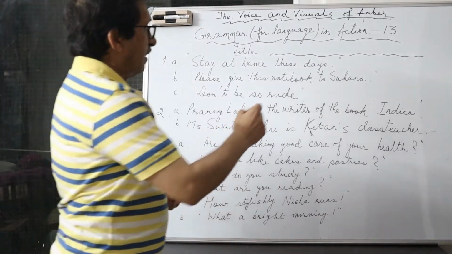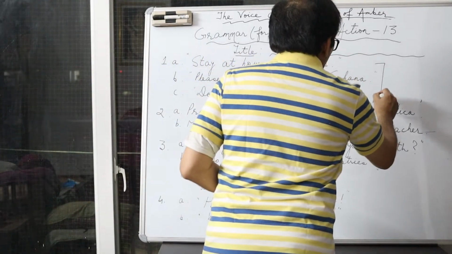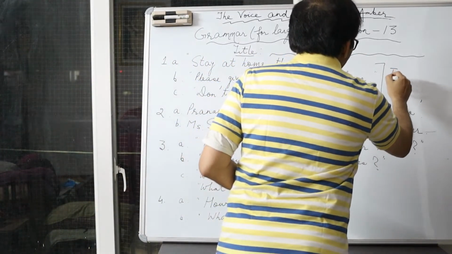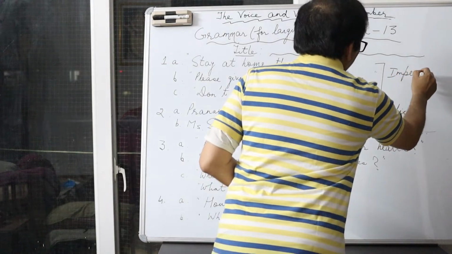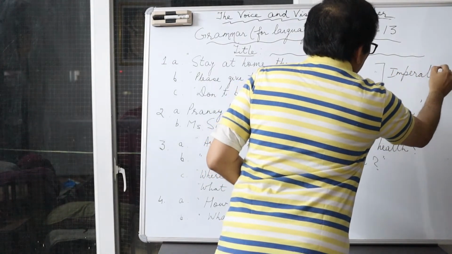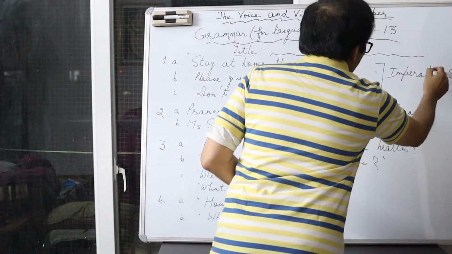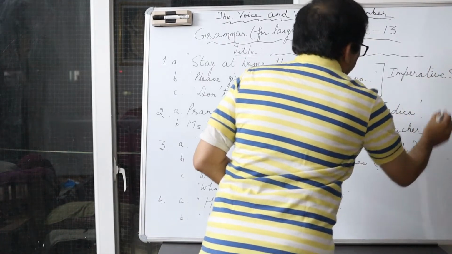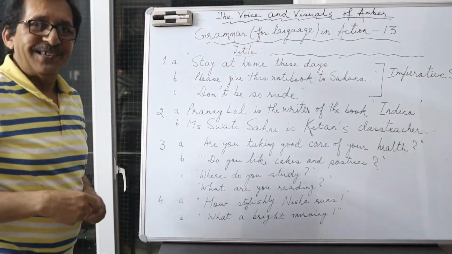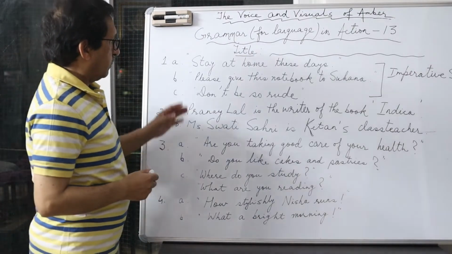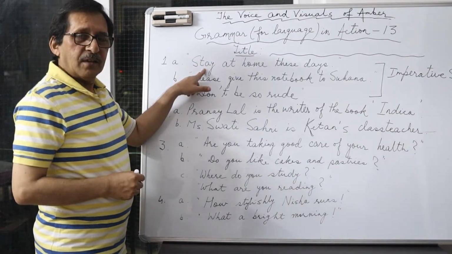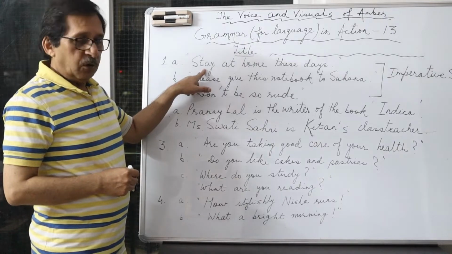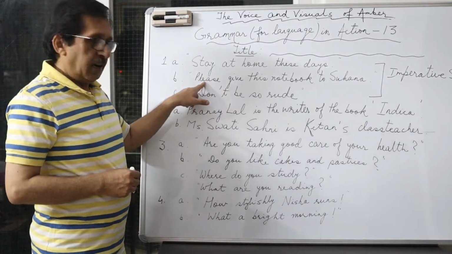So what is this first kind of sentence? It is called the imperative sentence. So here, a piece of advice or instruction. Here, a request.